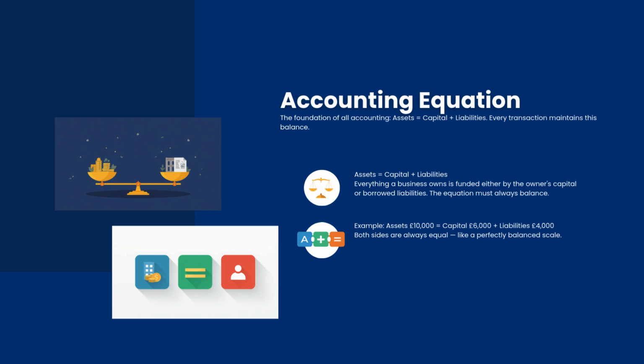Both sides are always equal, like a perfectly balanced scale. So, here I have got assets or resources of 10,000, and I have funded those resources through 6,000 of capital I have invested by myself, and 4,000 I have taken out as a loan in order to finance this.